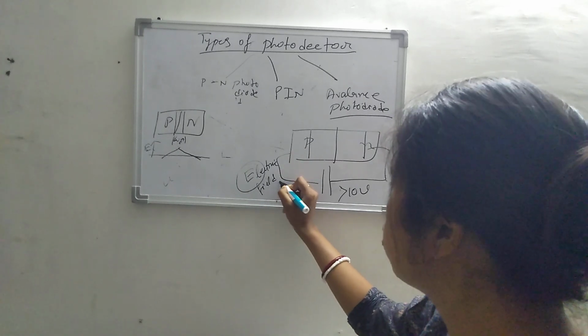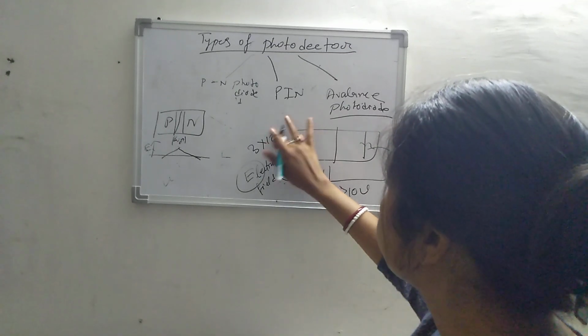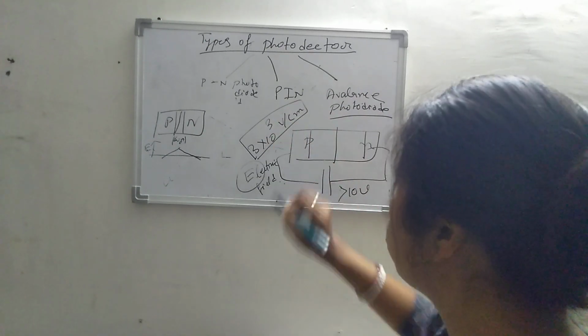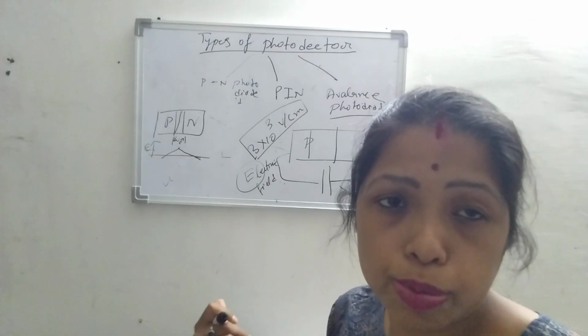What is the magnitude of this electric field? That will be 3 into 10 to the power 3 volt per centimeter. This magnitude of electric field you will get in the p-n junction diode when you apply a high reverse bias.